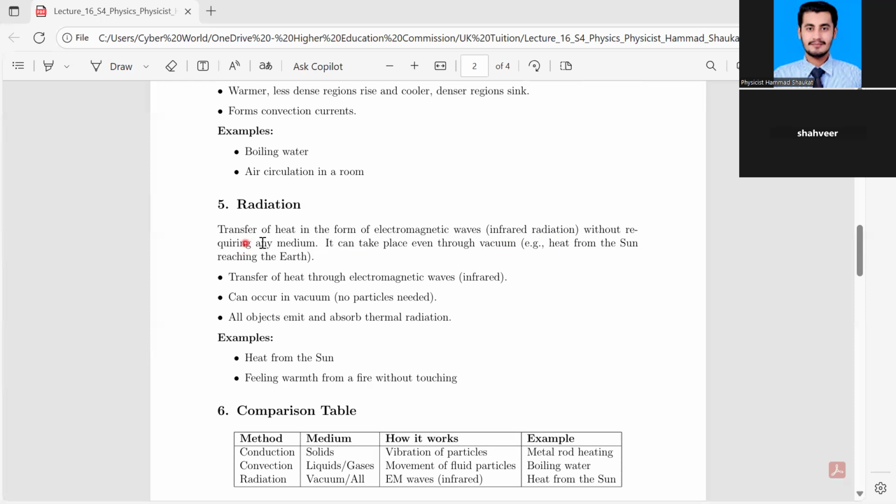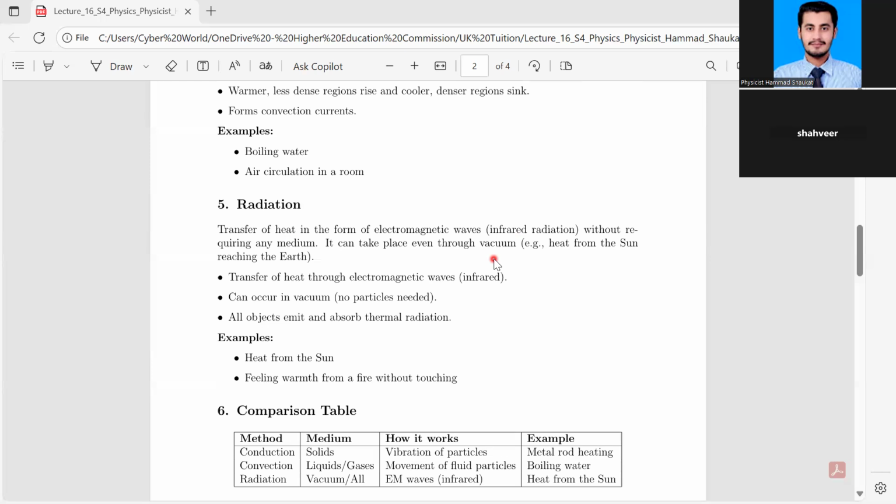So, the transfer of heat in the form of electromagnetic waves, like infrared radiation, without any medium, is known as radiation. And radiation happens in vacuum. And what is vacuum? Do you know?